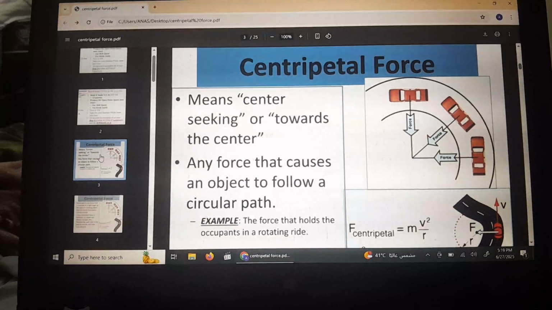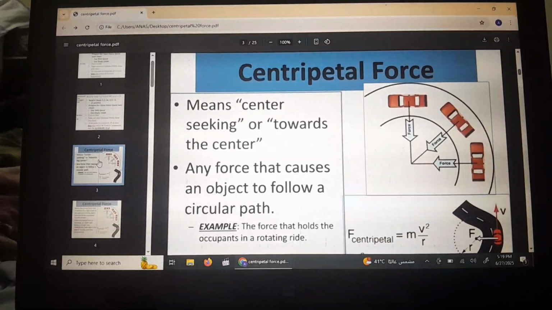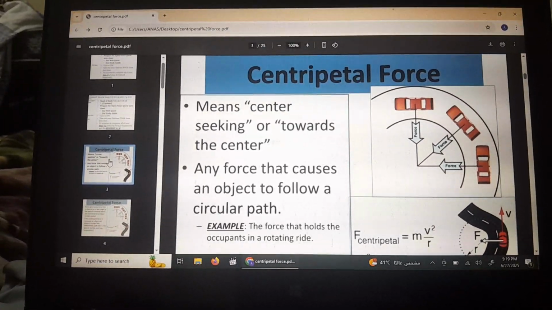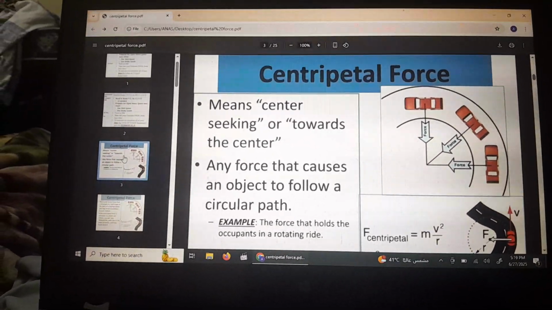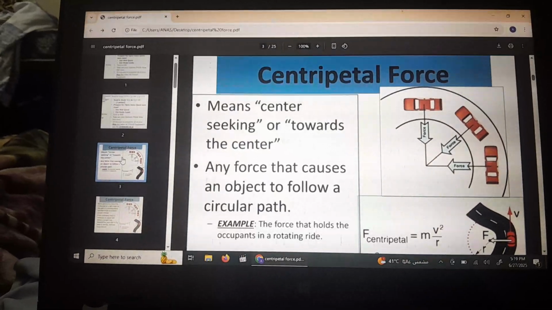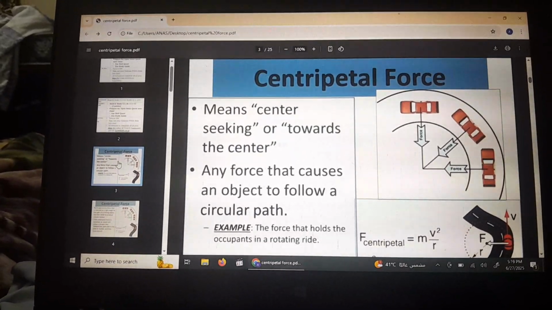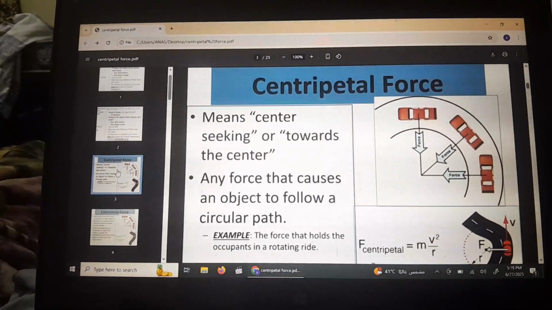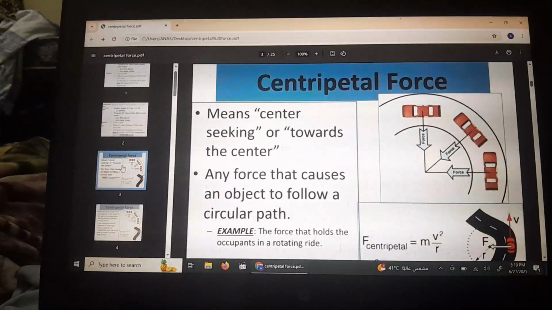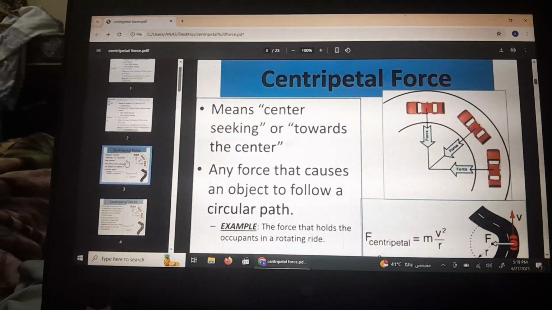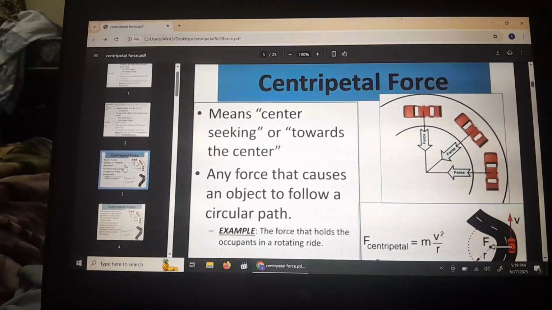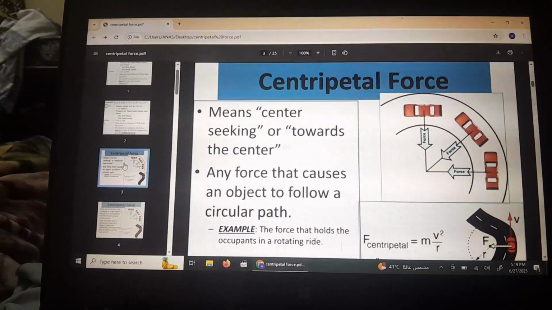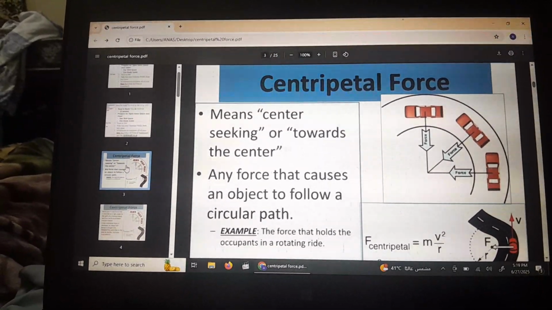How is a body that is moving in a circular path kept in circular motion? If you look at the real world, there is a very sharp turn, and when a car moves in a circular path, where is the force that keeps the car in that path?